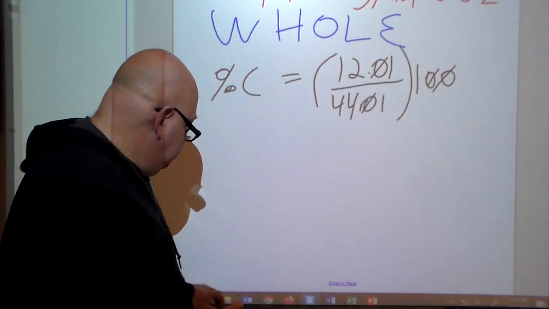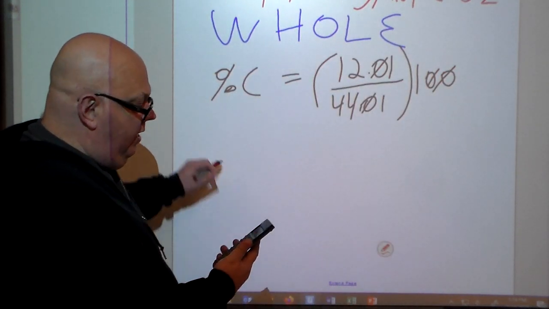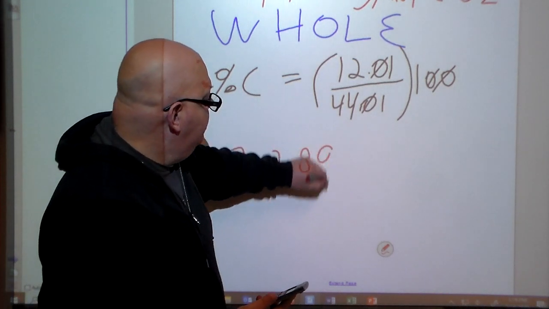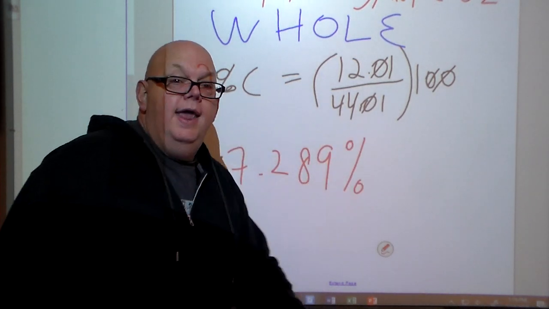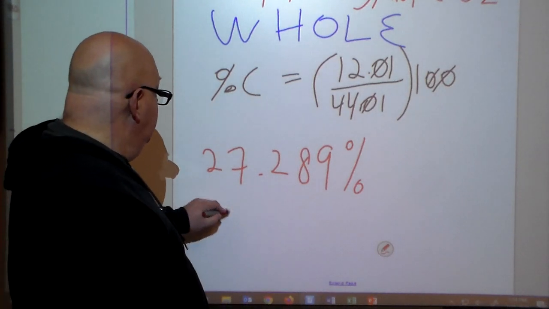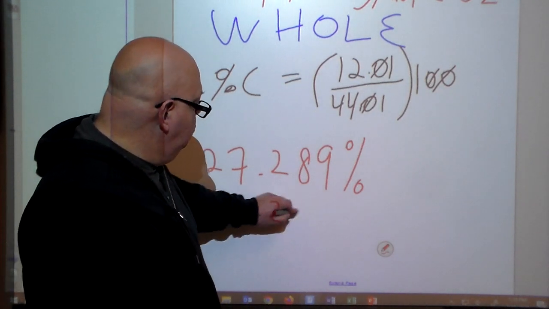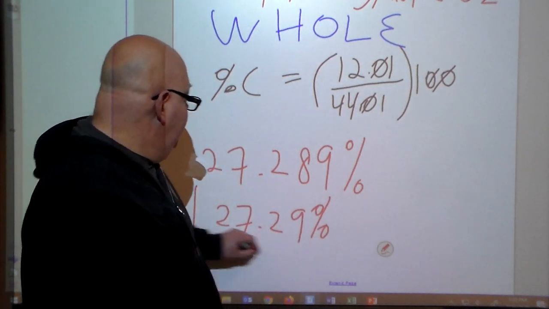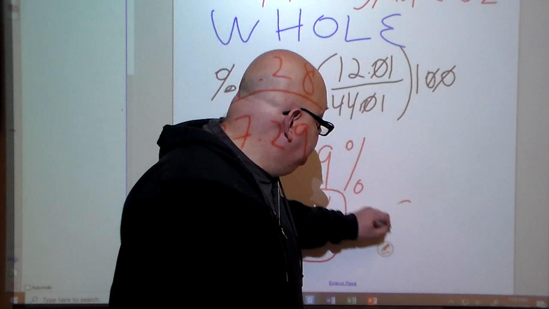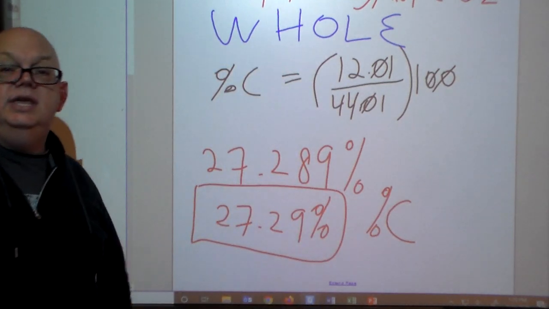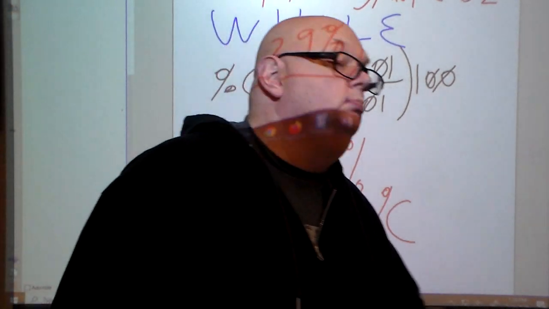So I walk away with 27.289%. Now, I did say to you guys that let's round it to 2 decimal places. 27.29%. And that, ladies and gentlemen, is the percent of carbon in CO2.